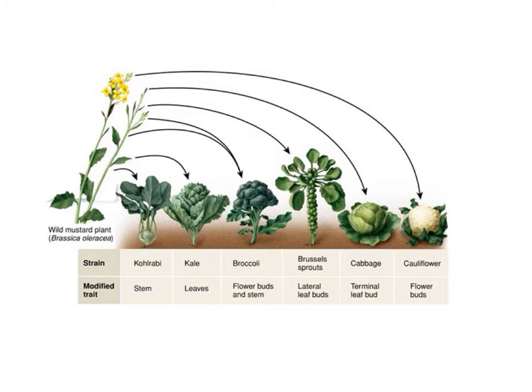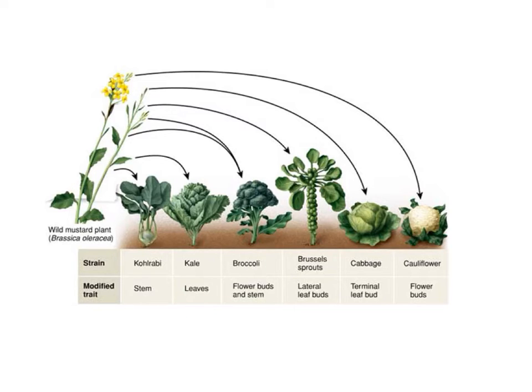So here you can see just some examples. Kohlrabi here came from a wild mustard plant because of an enhancement in the stems. Kale came from wild mustard because it enlarged the leaves.